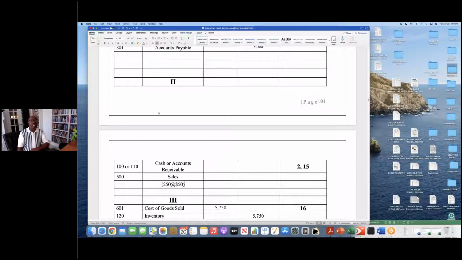So what's 250 times 50? $12,500. I'll take your word for it.